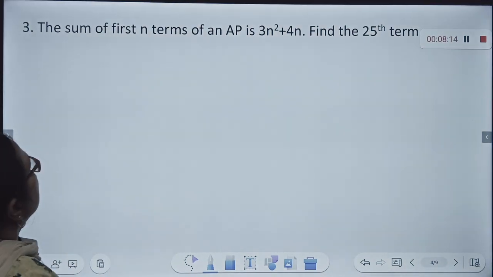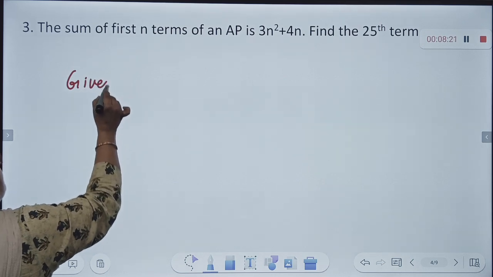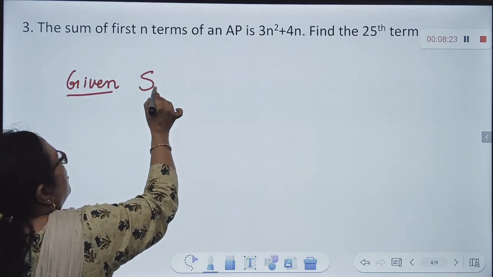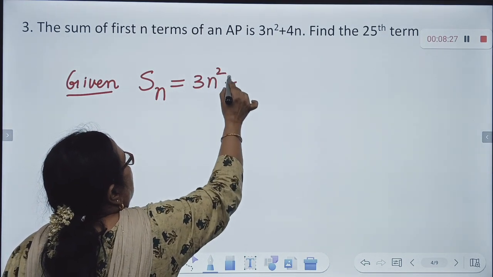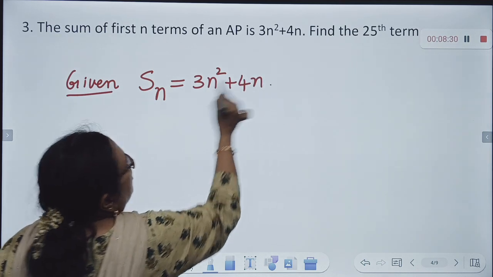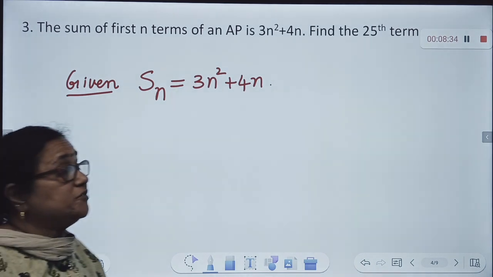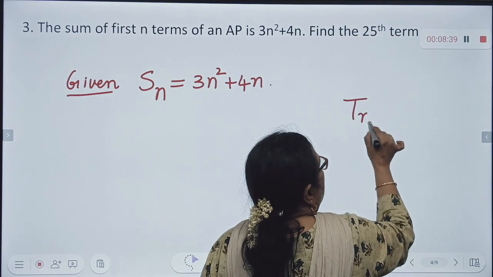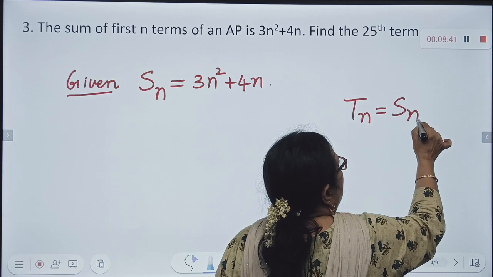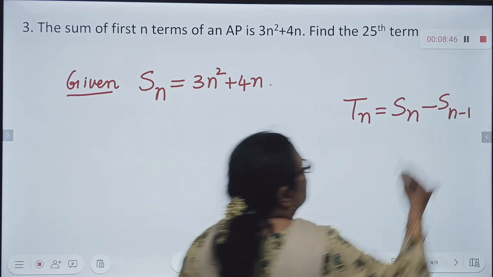Next question. The sum of the first n terms of an AP is given to be 3n square plus 4n. You have to find the 25th term, not the sum of the 25 terms, find the 25th term. Always remember, to find any term, I can find the sum up to that term and subtract the sum up to the previous terms.